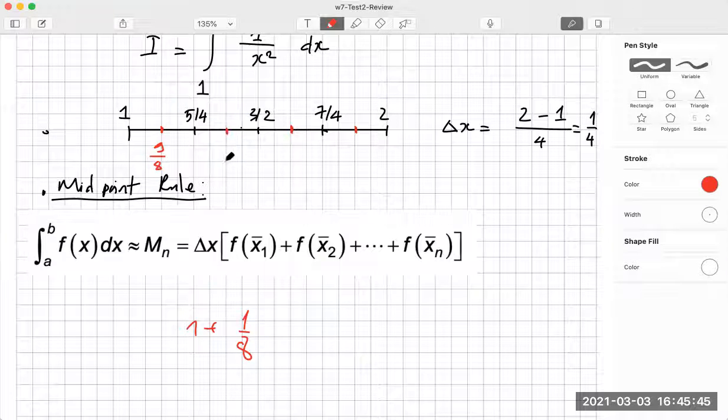And here, it will be 9 over 8 plus what? Plus delta x. 9 over 8 plus 2 over 8, it will be 11 over 8.